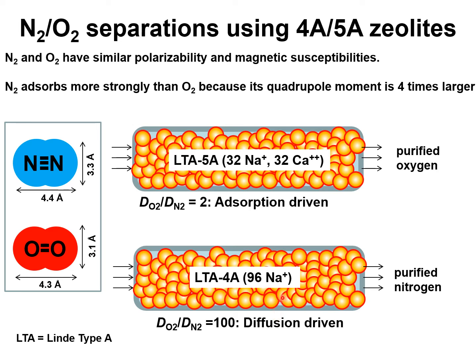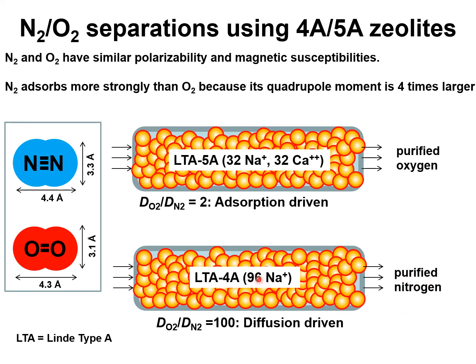And the separation between oxygen and nitrogen is dictated by the diffusion selectivity, and oxygen is predominantly occupying the pores. With 5A zeolite, the adsorption selectivity is the dominant driving force, and the pores are more strongly loaded with nitrogen, and the product exiting a fixed bed with 5A zeolite is purified oxygen, and the product exiting a fixed bed packed with 4A zeolite is purified nitrogen.